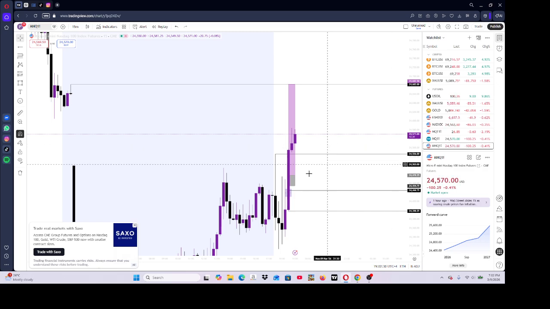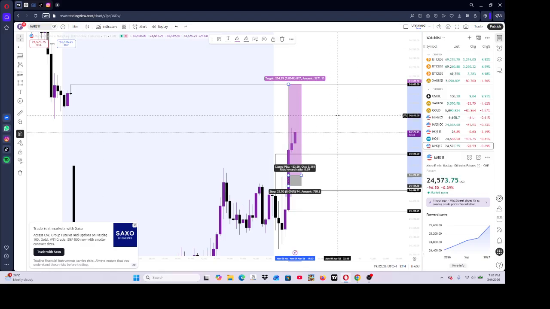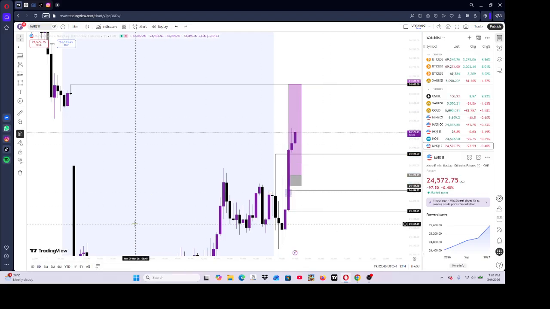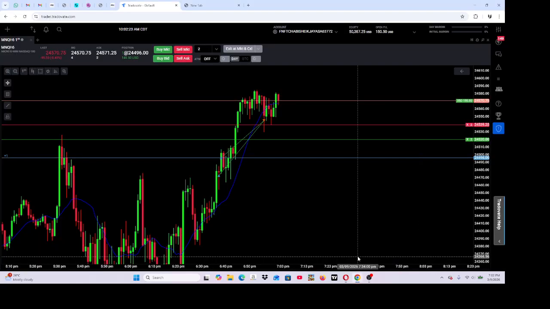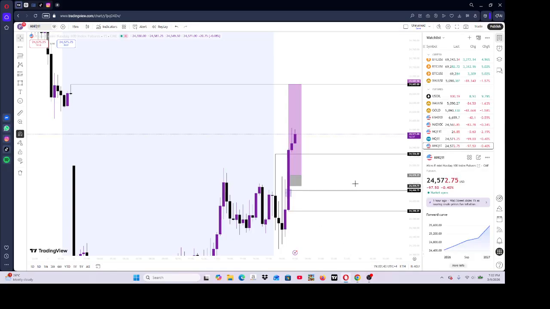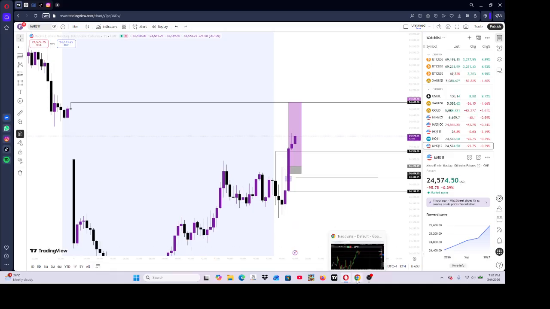Come on, push higher. It's so close to taking out the high. We have to see just one 15 minute candle rip to the upside. That's all I am looking at.